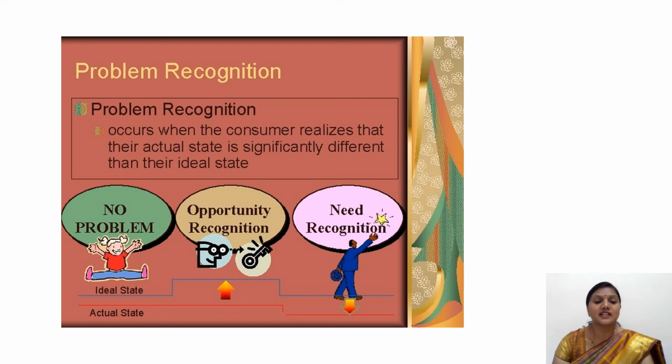The actual state consists of opportunity recognition and need recognition. Need recognition is when his own personal needs make him identify the problem. Opportunity recognition is based on the marketers offering discounts, coupons, selling the product on credit and so on. These are the things which will make him recognize that he can buy the product.